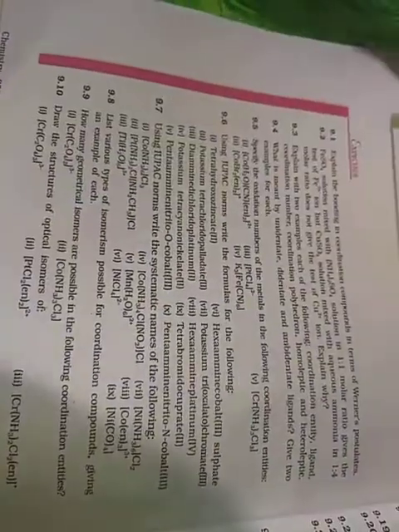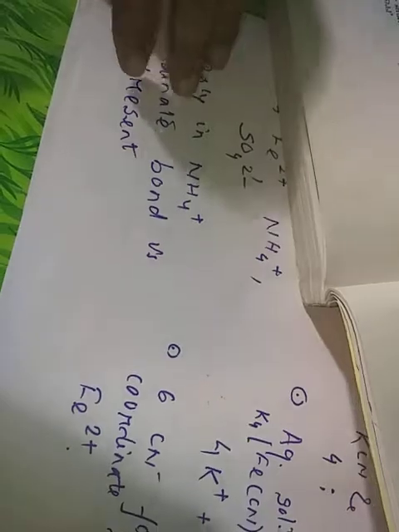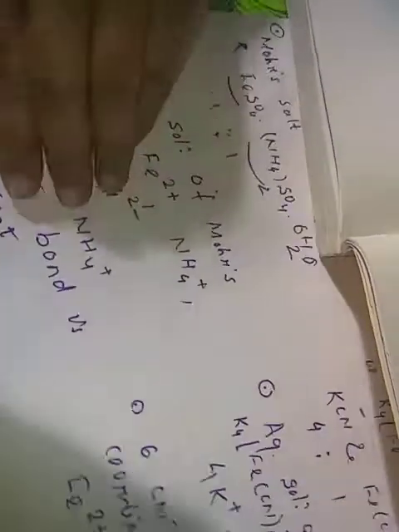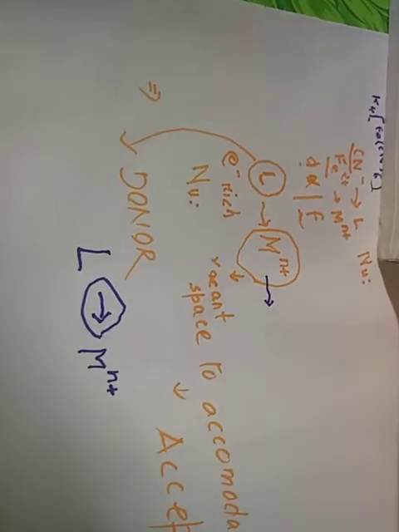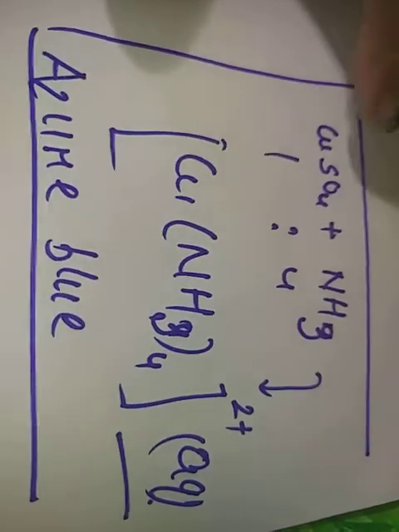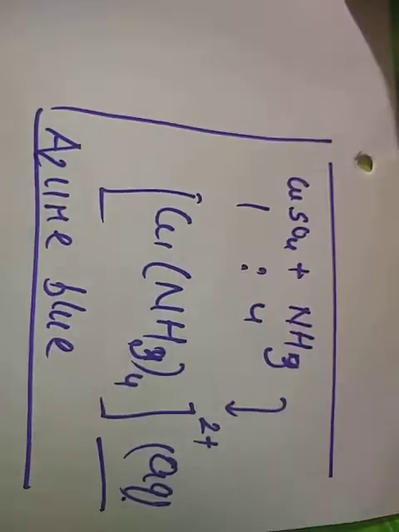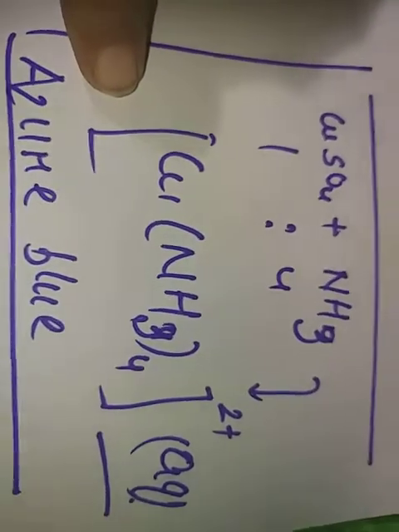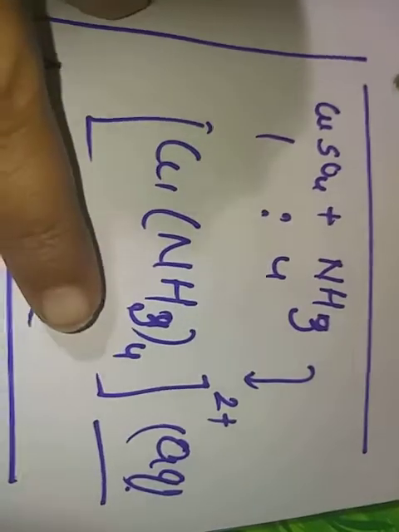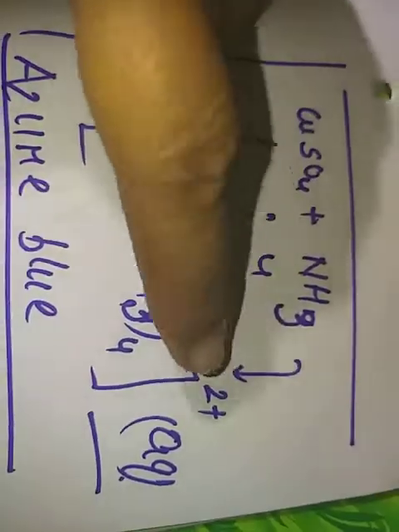The complex salt will have the formula, this is quite common to you. You have also done the same thing as a test. In aqueous solution, when copper sulfate and ammonia are taken in 1:4, it forms an azure blue solution, that is tetraammine copper 2 ion.